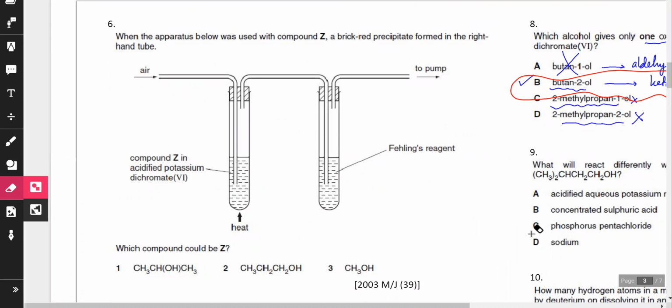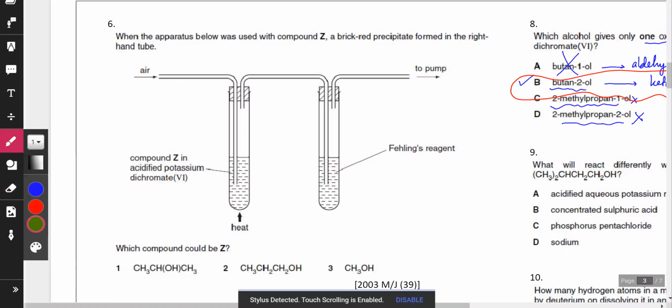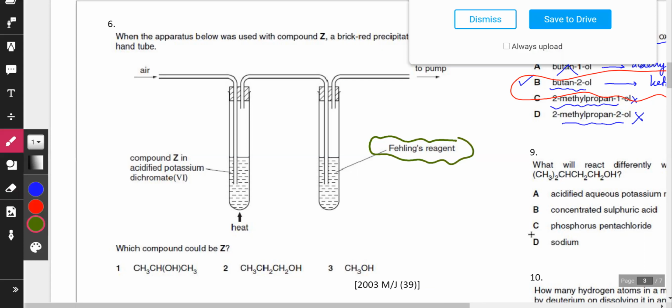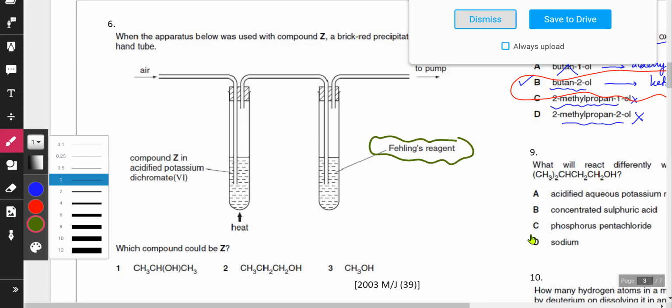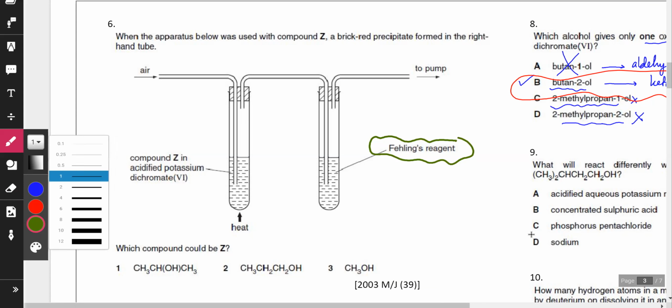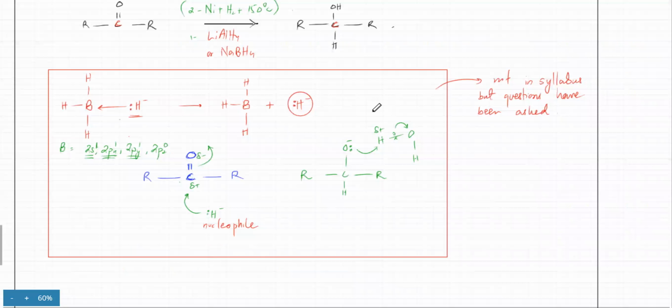So there's a Fehling's reagent that's involved over here, as you can see. So Fehling's is reacting with this molecule. Now, where was Fehling's used in a reaction sequence?